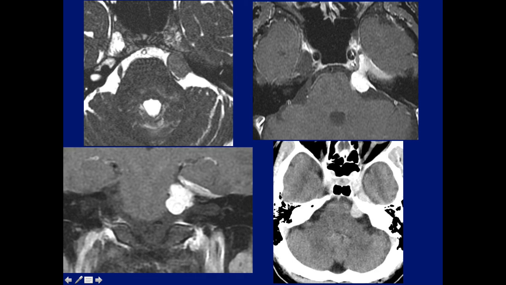So we read this case out as a likely trigeminal or trigeminal region meningioma, and this has really changed very minimally over several years. So that is the going diagnosis. So this is my last case for the day.